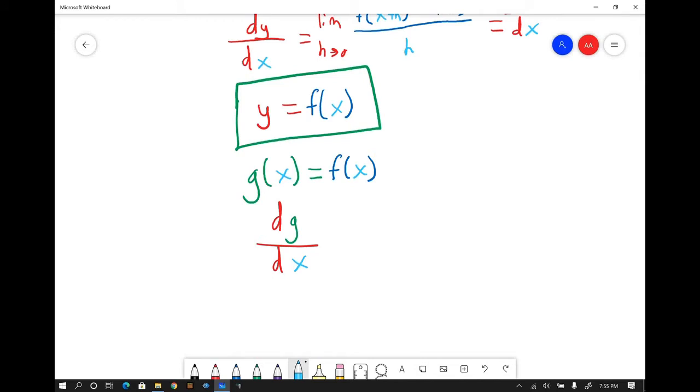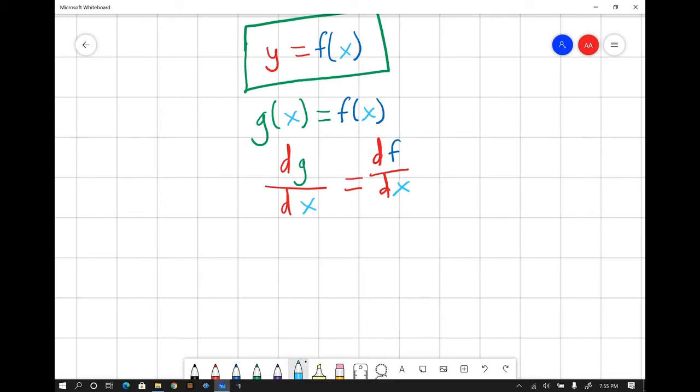And this is not changing anything because in this case, our function is equal to g of x or f of x. So dg over dx is equal to df over dx.